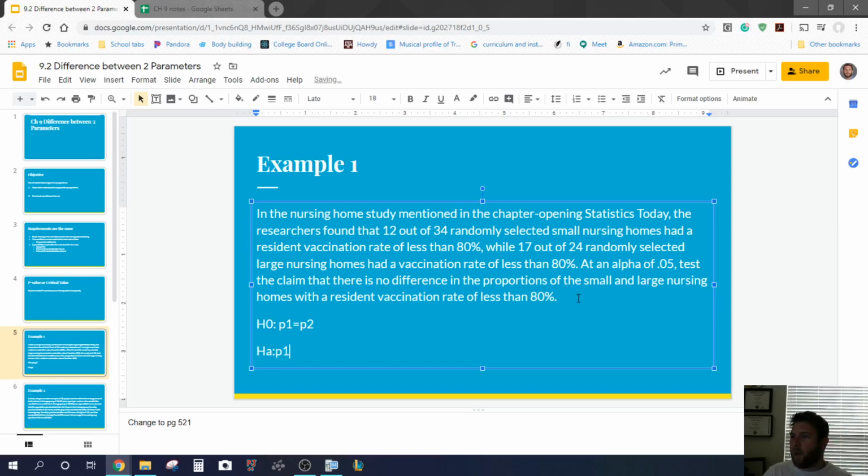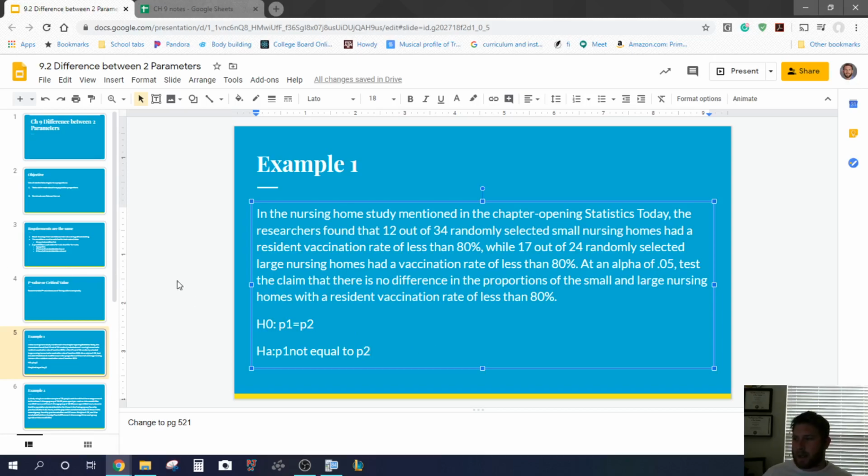I don't know where my not equal to sign is, so we're just going to say not equal to P2. Because what does it say here in the last line? Test the claim that there is no difference. And if there is no difference, we're saying not equal to as our alternative hypothesis in this case. Just a reminder, null is always equal to. Alternative is going to be what we're trying to test the claim of.